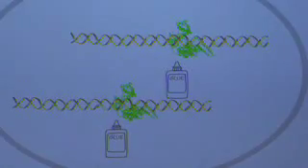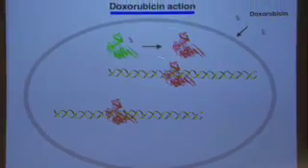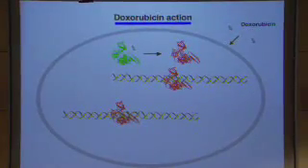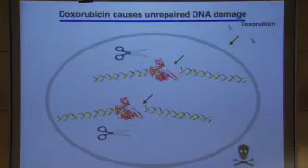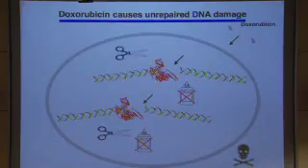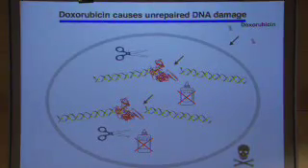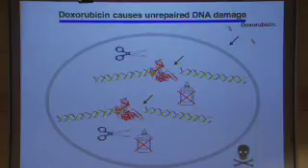Now, what we and other groups have found is that doxorubicin actually binds topoisomerase 2, and it changes the function of this enzyme. So it allows topoisomerase 2 to cut DNA. It just doesn't allow it to stick it back together. And so in the presence of doxorubicin, you have topoisomerase 2 cutting DNA throughout the genome, making lots of double-stranded DNA breaks, yet not resolving those breaks.